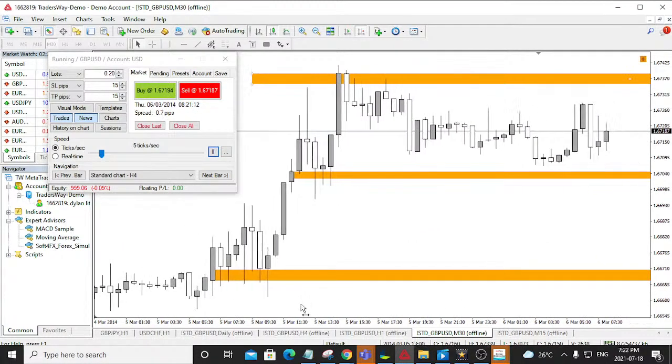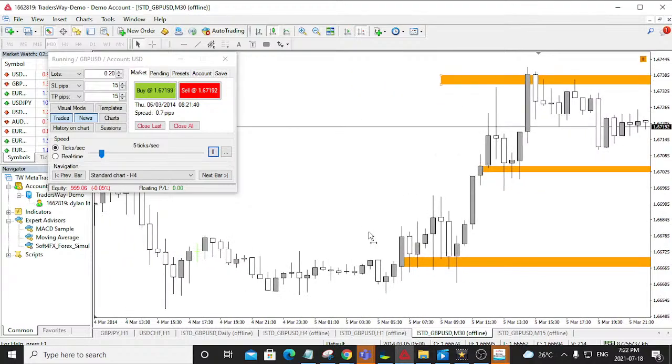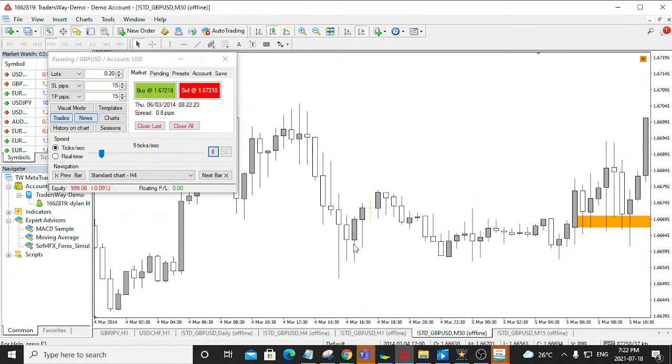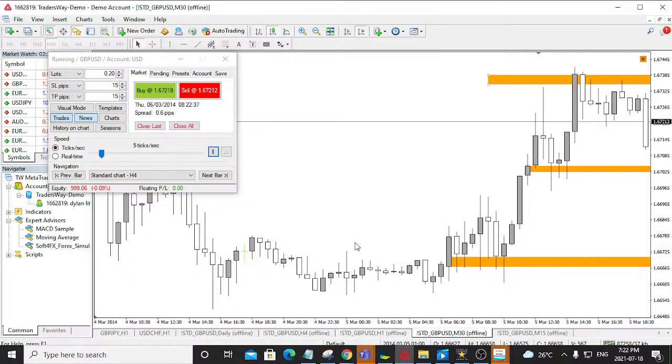It was crazy. It was absurd how sketchy this trade was. It was smooth at some points, but then really sketchy at others. I think that's the problem.